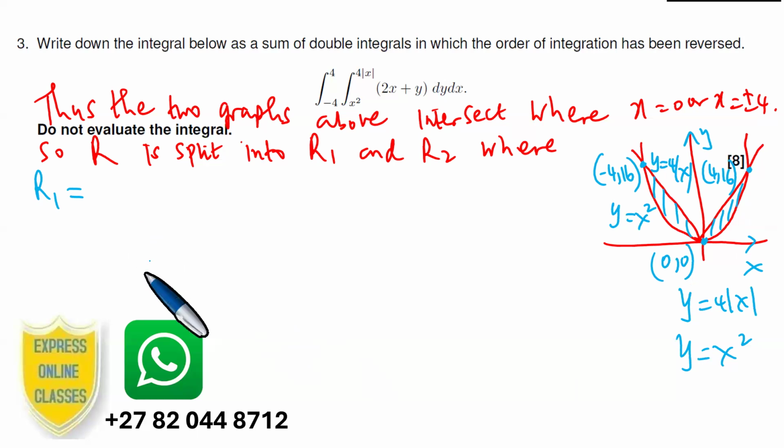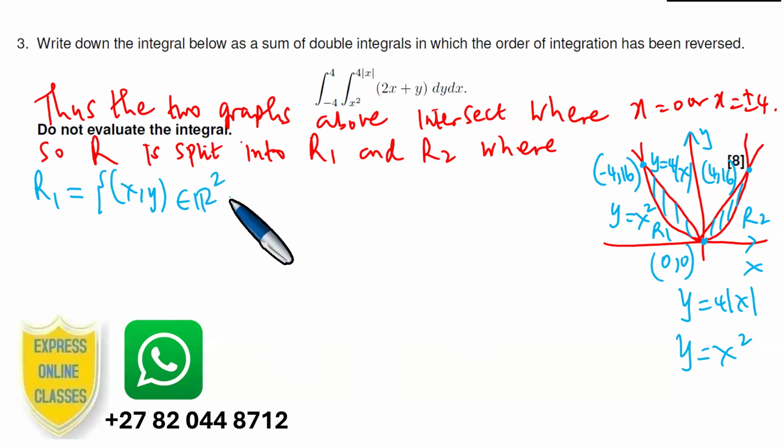Now we continue. This is split into 2 regions, region 1 and region 2. Let us describe region 1 in set builder notation. Region 1 can be described as the set of xy in R2 such that our y begins from the origin to the highest point.